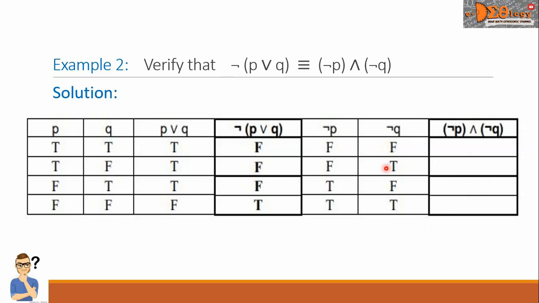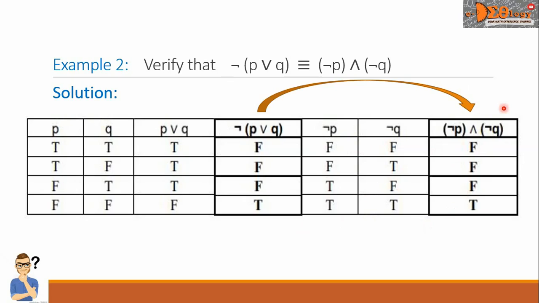And then, let's have not P and not Q. So we have F and F is F, F and T is F, T and F is F, T and T is T.